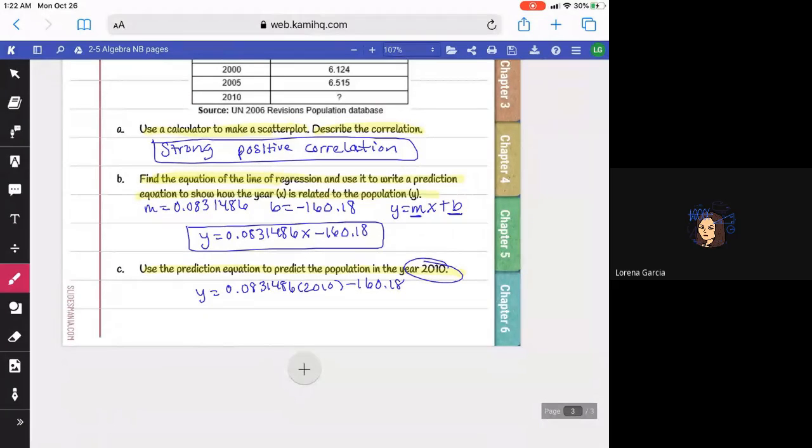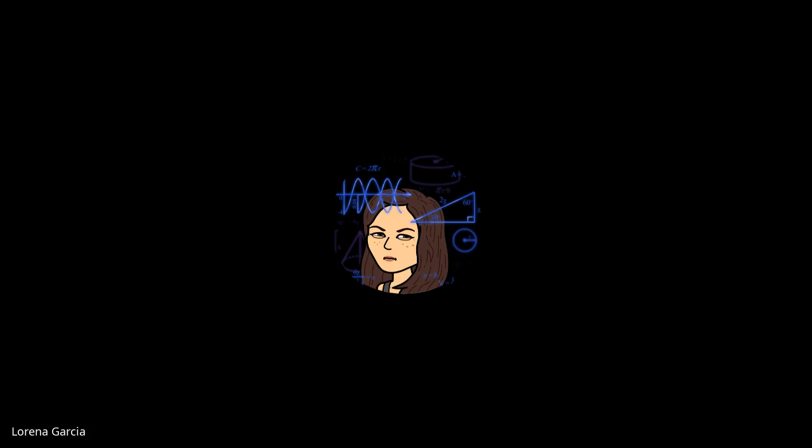On a calculator, I can multiply 0.0831486 times 2010, which comes out to about 167.12886. Minus 160.18. So if I subtract 160.18, I get 6.948686. I want to make sure my answer makes sense.